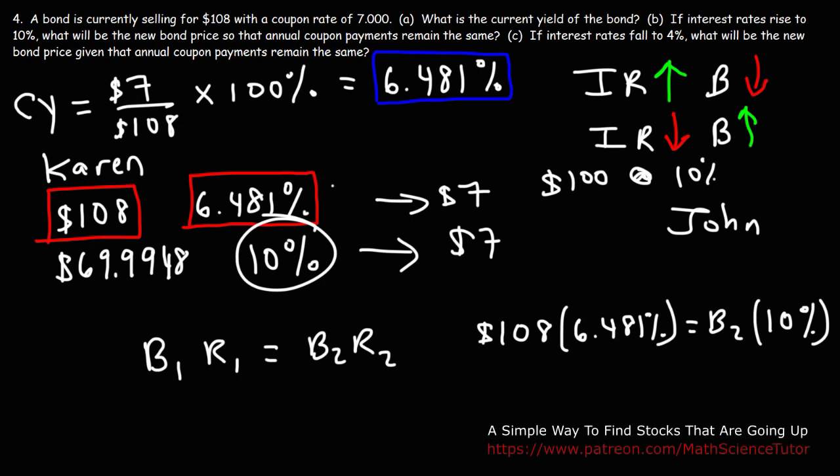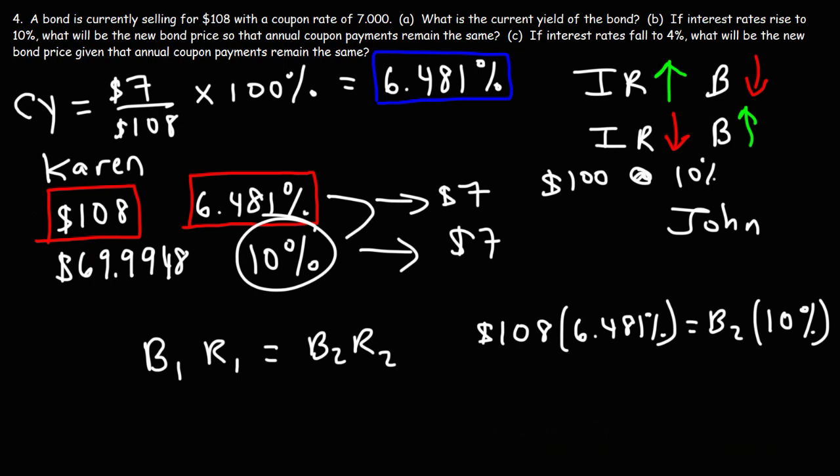So we saw the first example when interest rates rose. When the interest rate rose from 6.48% to 10%, the value of the bond decreased from 108 to approximately $70. Now in the second example, we're going to decrease the interest rate, so the value of the bond is going to go up.